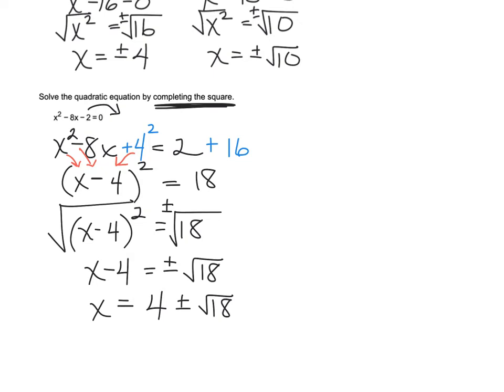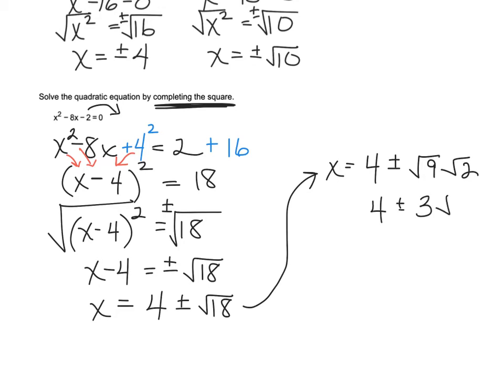They do want us to simplify. The question is, can it be simplified? Well, yes. 18, we know that that is 9 times 2. And we know that the square root of 9 is 3. So the square root of 18 can be simplified to 3 square root of 2. Right? That's my value.